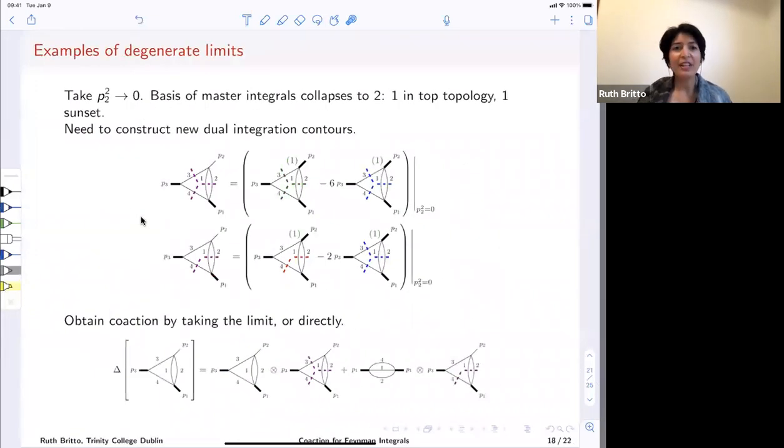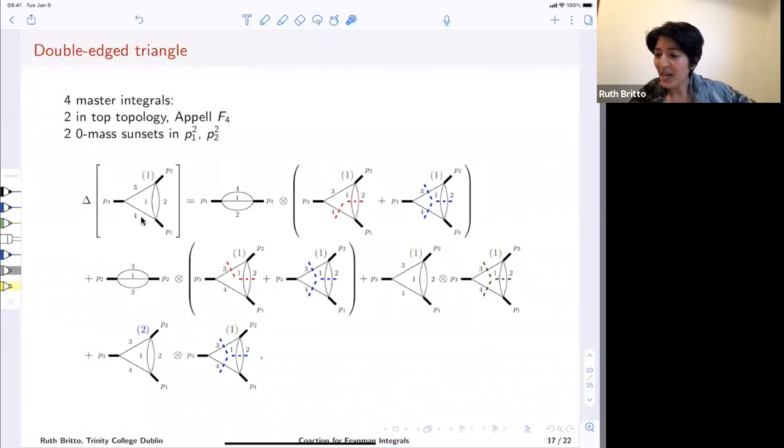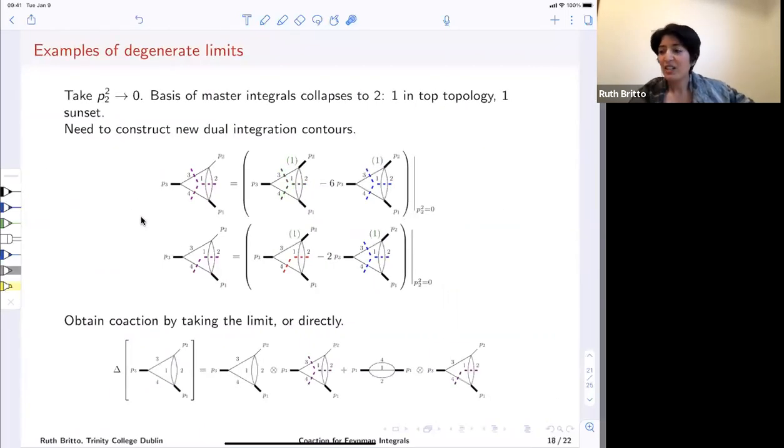I'll show briefly how we take degenerate limits. Imagine that in this example we'd like to consider the limit in which this line here is becoming massless, p2 squared going to 0. In that case, our space of master integrals collapses to only two: one in the top topology and one sunset.